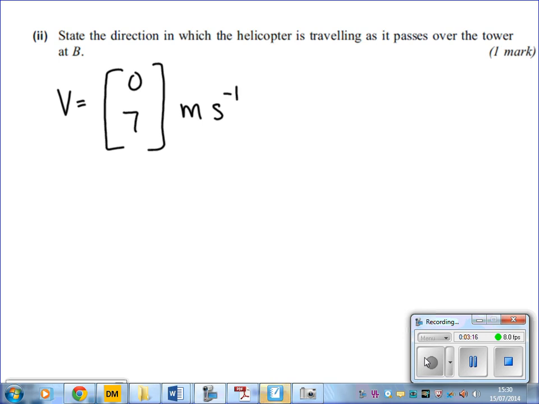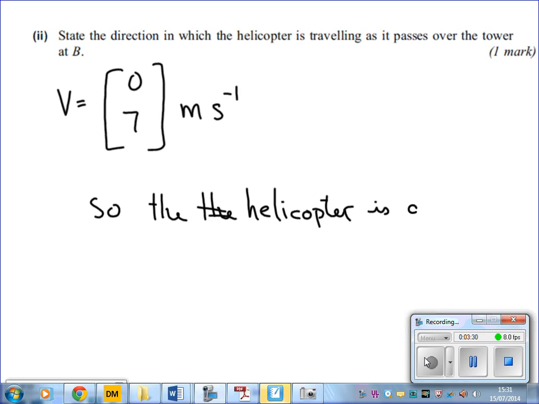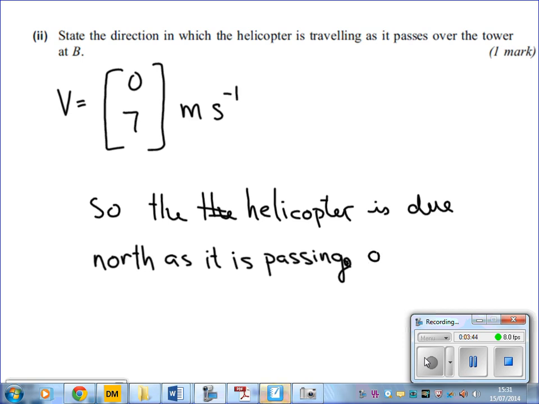So we have to write: the helicopter is due north as it is passing over tower B. And that is your answer to 4A, part 2.